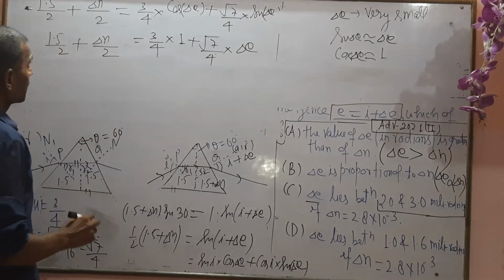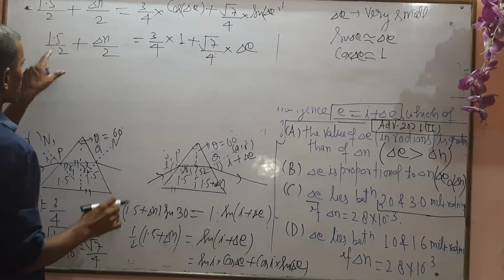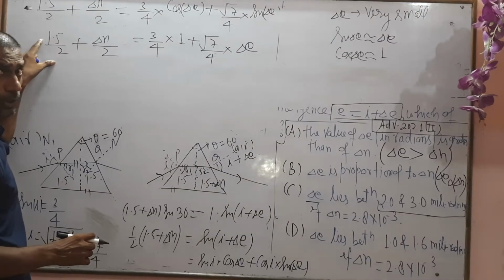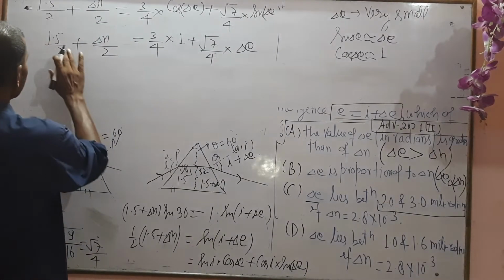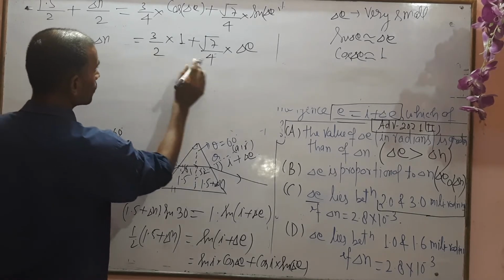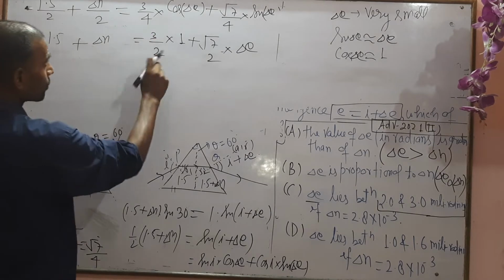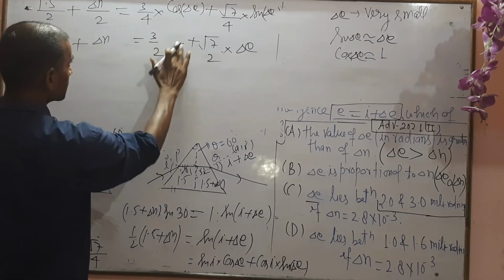Then solving, multiplying by 2 on the left hand side and right hand side, this is divided by 2 and this is 2, so 3 by 2 into 1, which is 3 by 2.